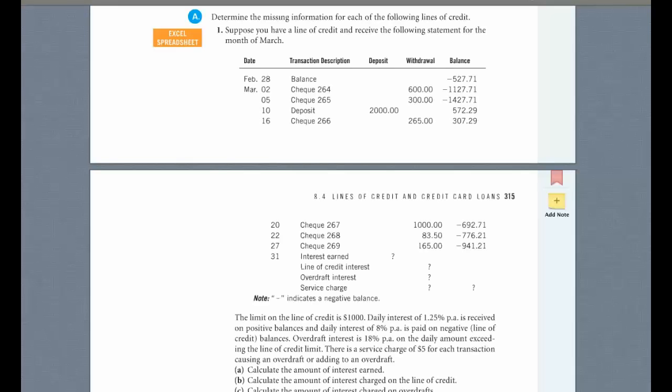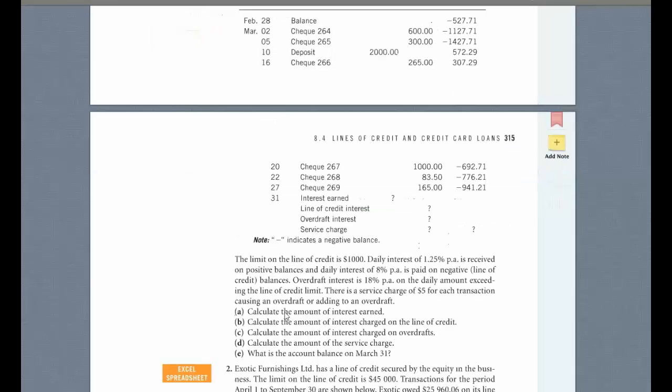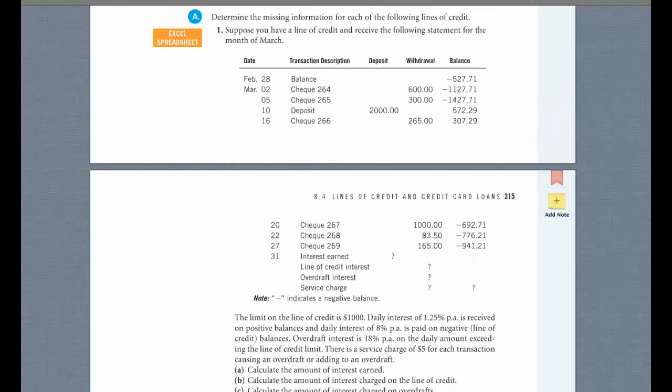C says calculate the amount of interest charged on overdrafts. Overdraft means anything that goes over $1,000. So look, it goes over $1,000 here on the 2nd and 5th.